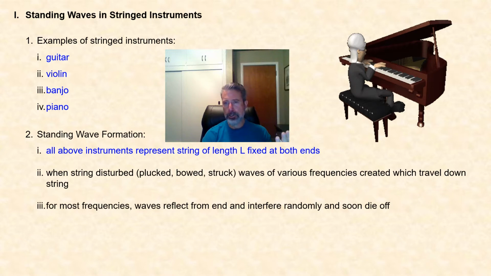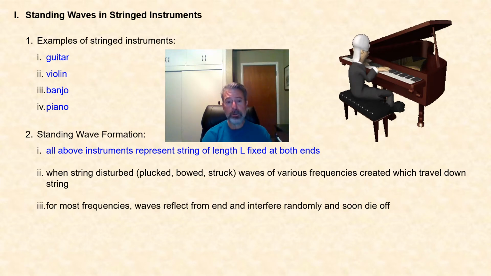Now, recall in our discussion of wave theory that when a wave travels down a string and reaches the end, you will have a reflected wave that travels back in the opposite direction. So these incident waves traveling down the string are interfering with the reflected waves traveling in the opposite direction.